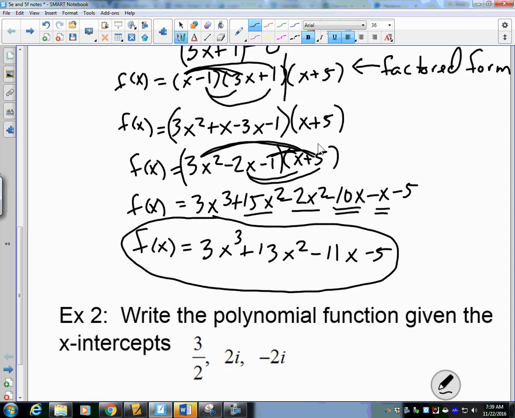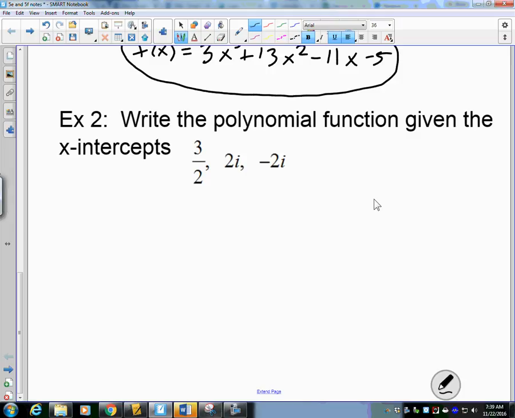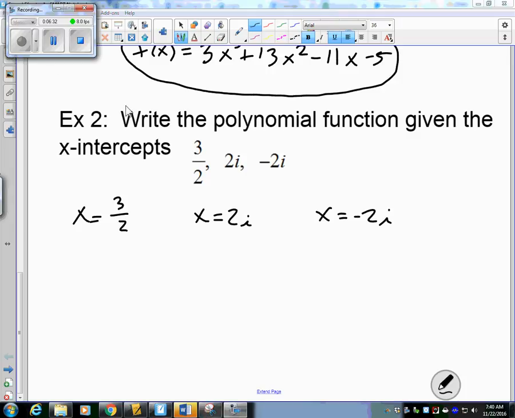So, moving on. Now we're going to write the polynomial function given the x-intercepts of 3/2, 2i, and negative 2i. So now we're going to introduce imaginaries. So we're going to start the exact same way. Set each x-intercept equal to x. We're going to solve for each one, make them equal to 0.